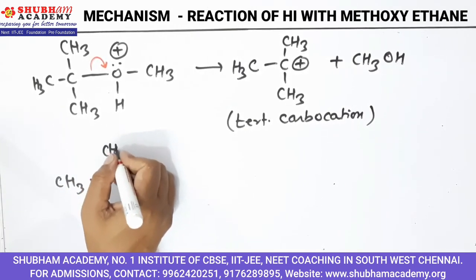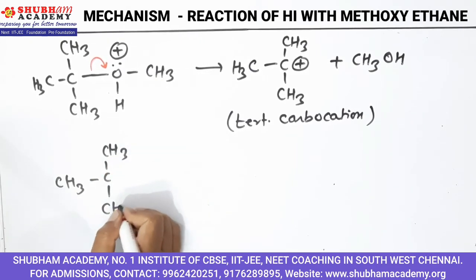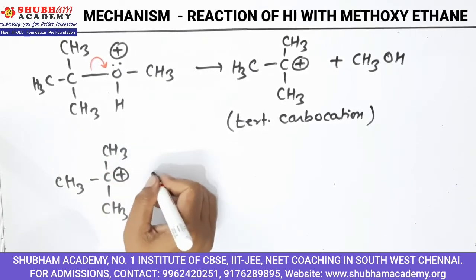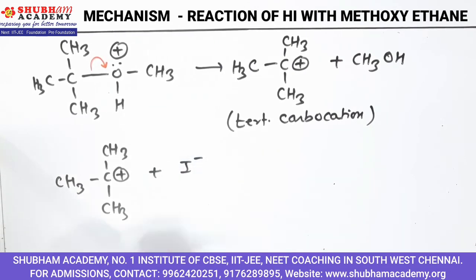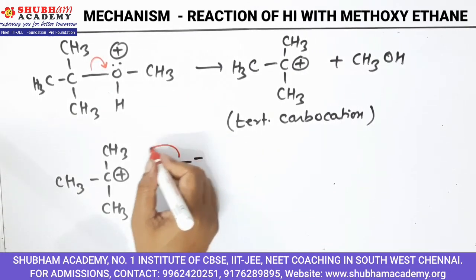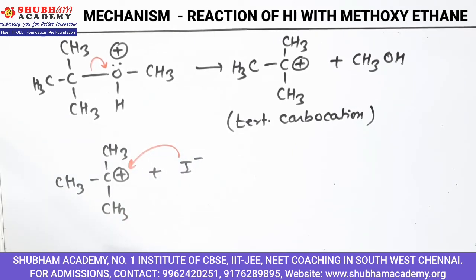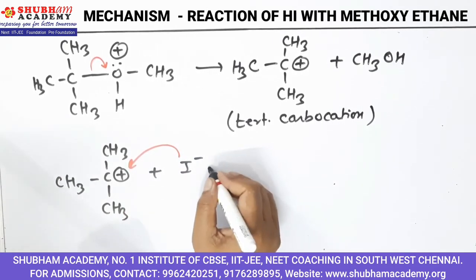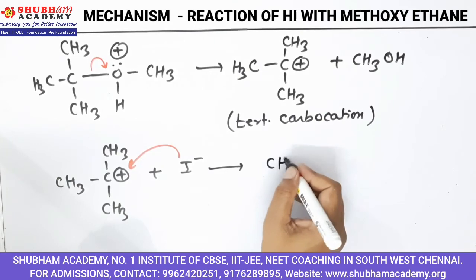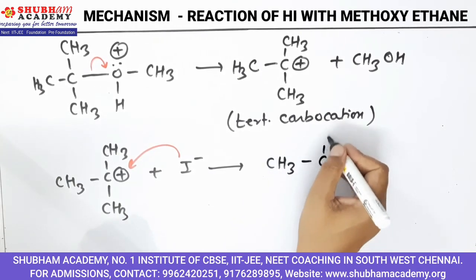So, CH3C, CH3 positive plus I minus. I minus will attack this positive center and you will get tert butyl iodide.